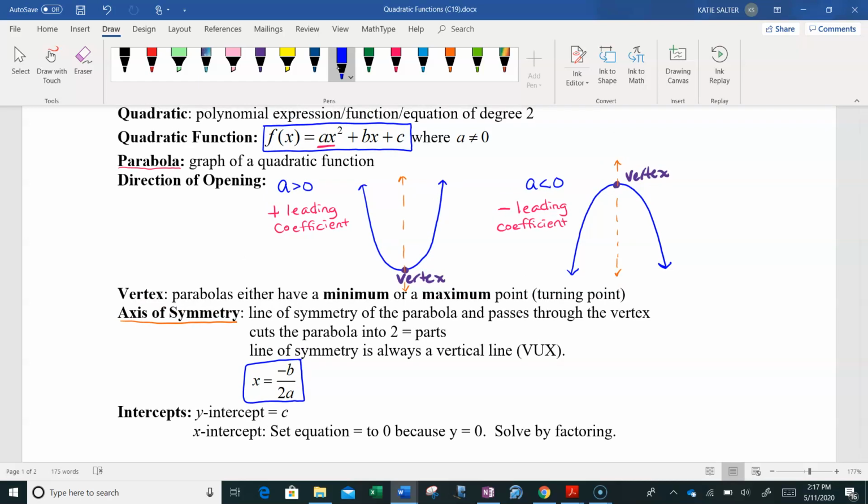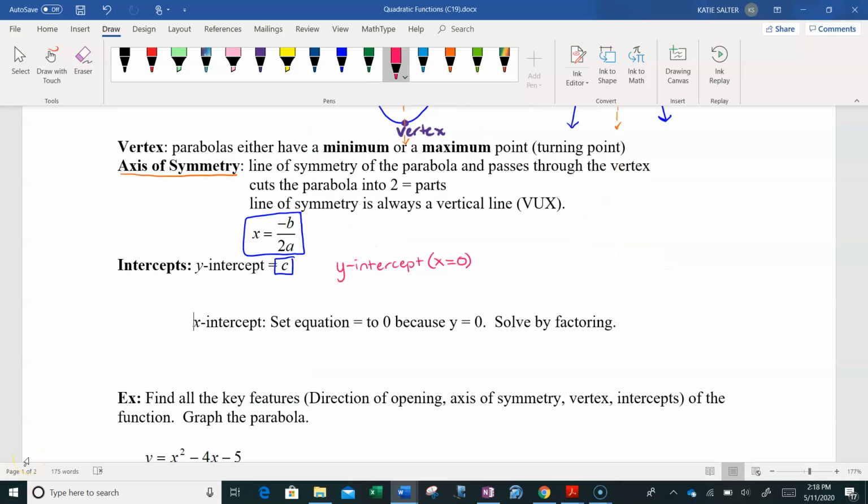All right, other key features that go with all graphs are always our x-intercepts and our y-intercept. So recall, anytime we have a y-intercept, the value of x is 0 because we are on our y-axis.